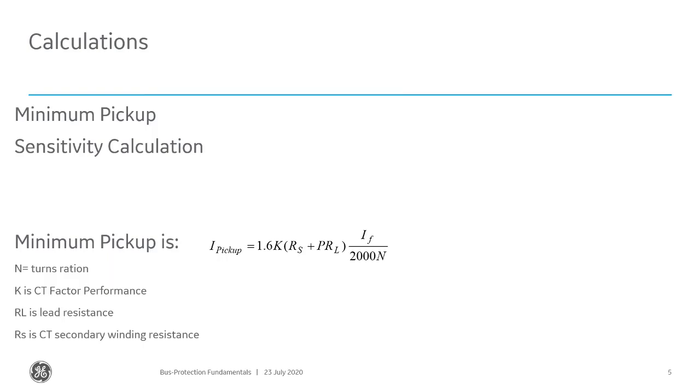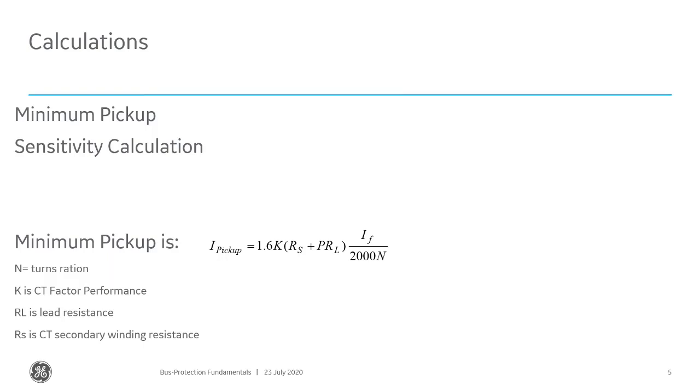These calculations I'm going to take you through, you can find them, and examples of them, in the PVD manual. You can also find them in the MIB manual and the HID manual. Basically, there is a minimum pickup calculation and a sensitivity calculation.